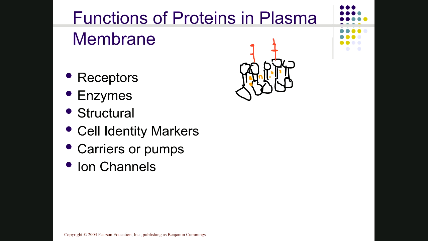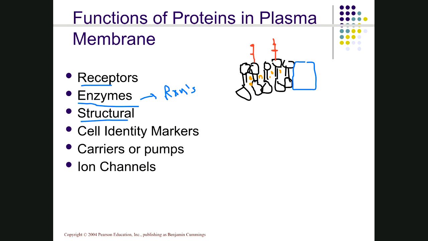But then there was also proteins in the membrane. And these proteins have a lot of different functions. Proteins can act like receptors. They can be enzymes. Remember, enzymes are going to catalyze reactions, make them happen faster. Proteins can be just structural.